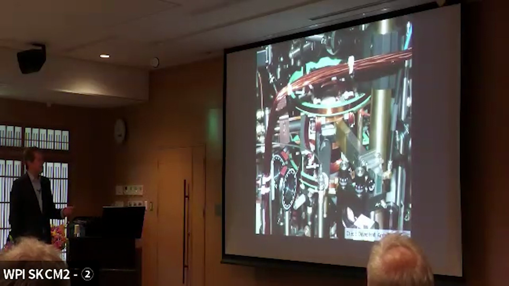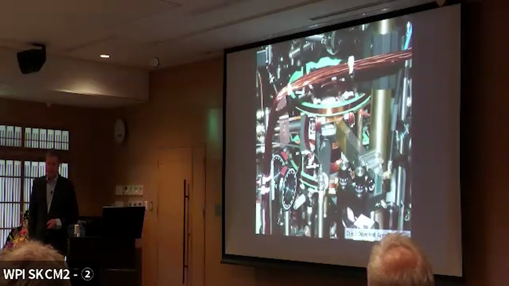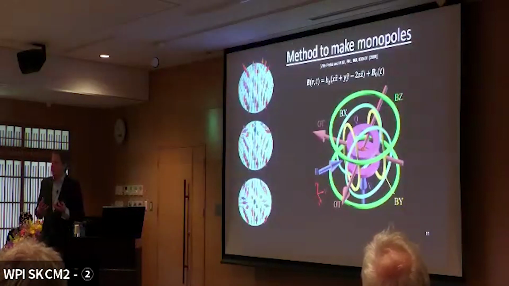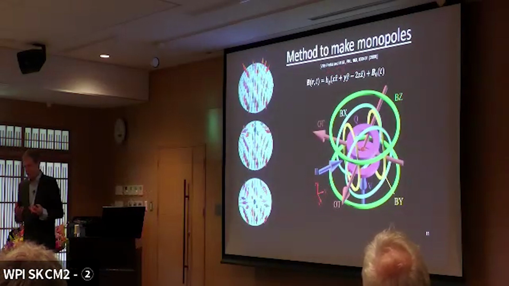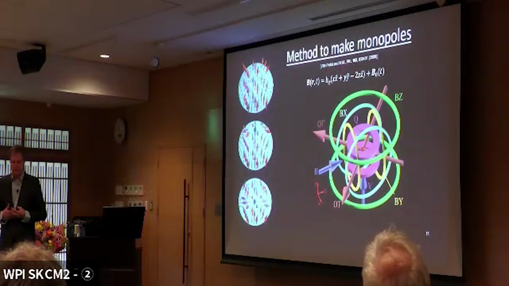It turned out that this machine that David had built was exactly what we wanted. So with my PhD student, Ville, we proposed a way to create these Dirac monopoles in these Bose-Einstein condensates.